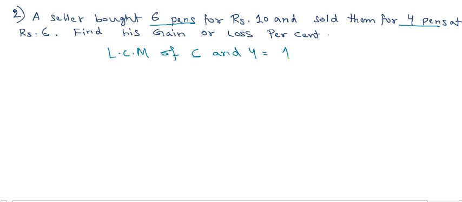The LCM of 6 and 4 is 12. Now we will assume that the seller has bought not 6 pens but 12 pens, and he also sold 12 pens. Depending on that, we will now find out the CP of 12 pens.